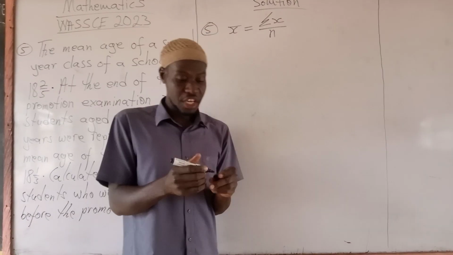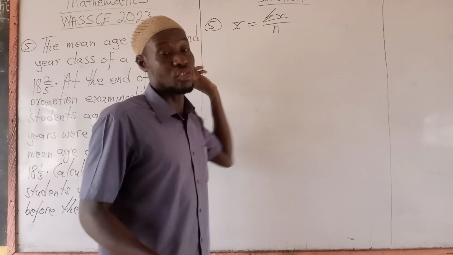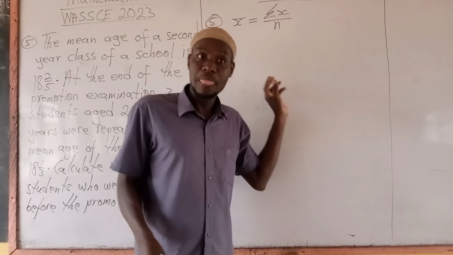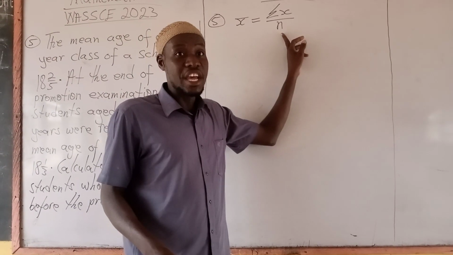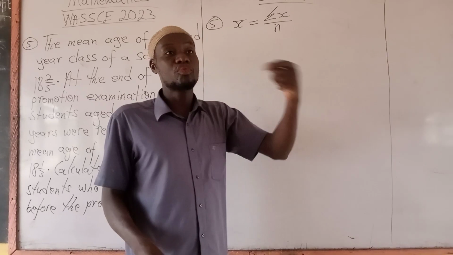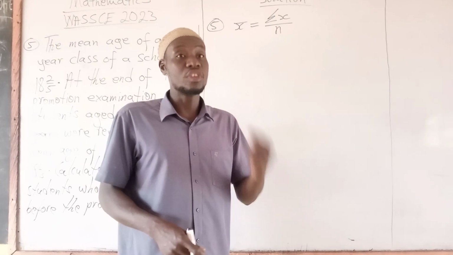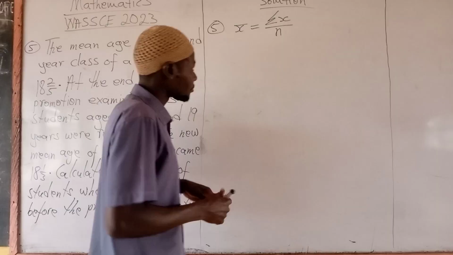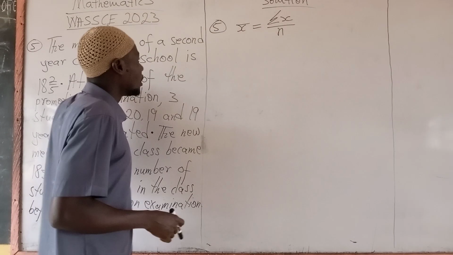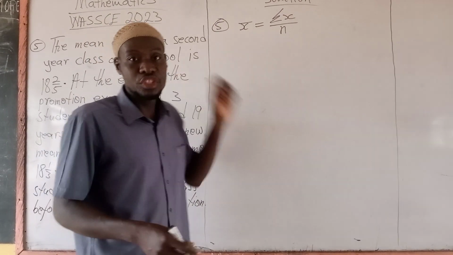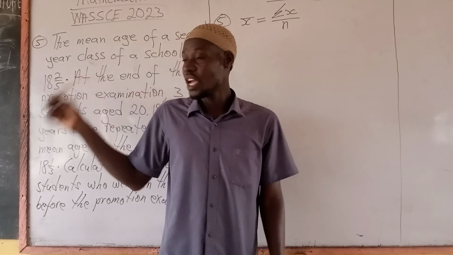So in this case, the items under consideration here are the ages of the students, where n is the number of students whose ages are being recorded. With this knowledge, you then fish out the information given.